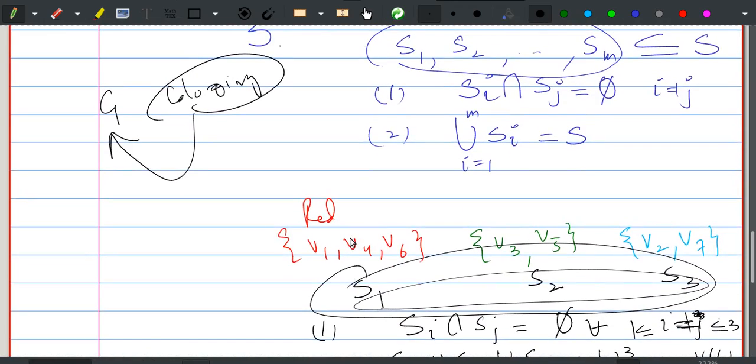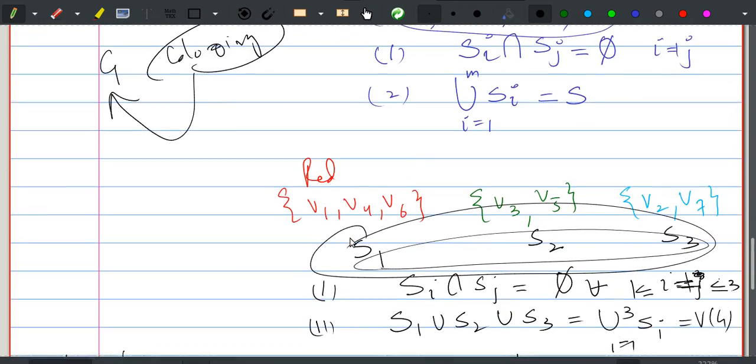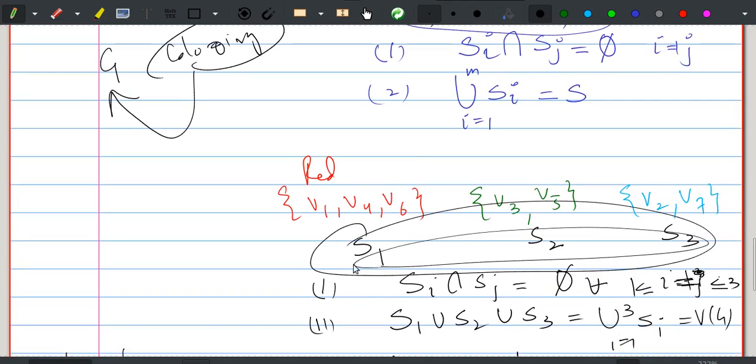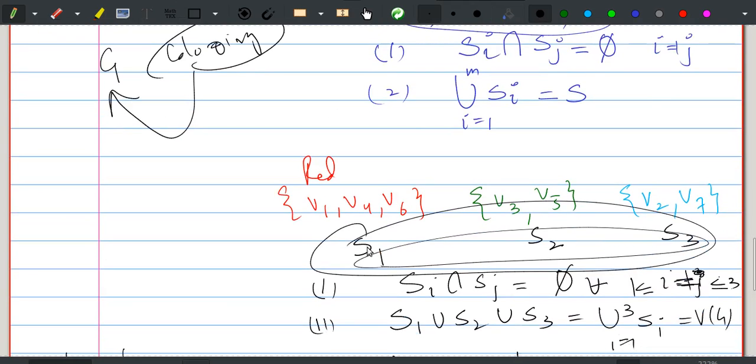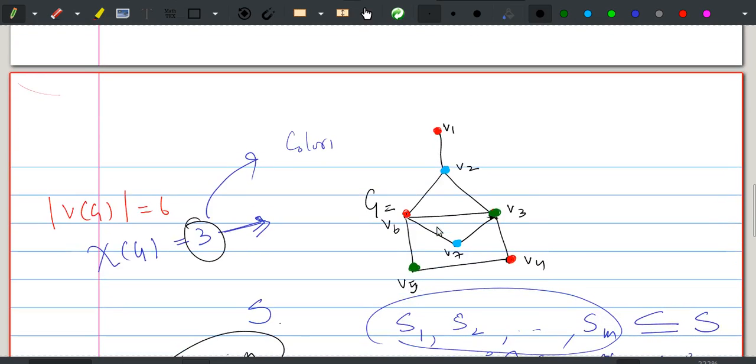Now one can look at these sets S1, S2 and S3. We call a set of vertices independent if no two vertices in that set are adjacent. If we look at S1, it contains V1, V4 and V6.